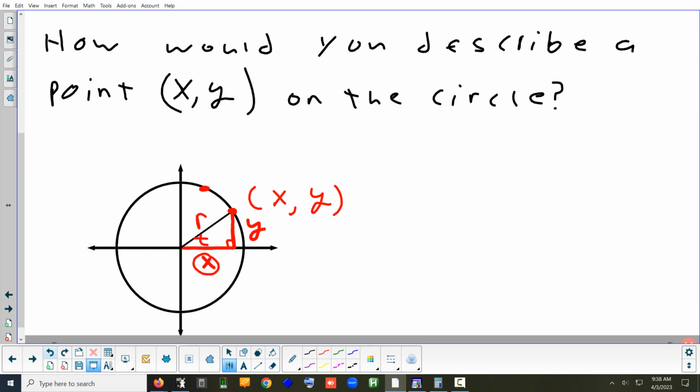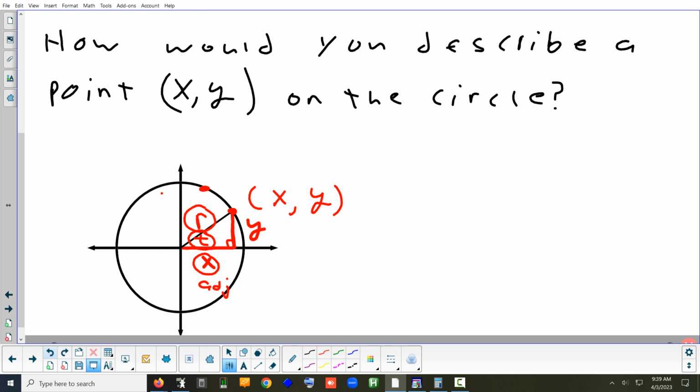Let's see if we can come up with a formula for the x. What side is side x, or what position is it relative to the angle which I'm calling t? So get used to the angle being t and not a Greek letter. Yep, adjacent. And what side is r?